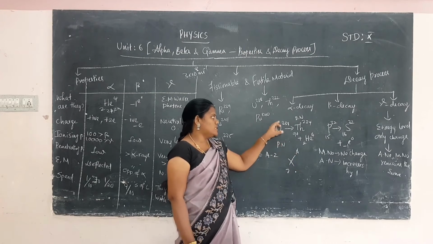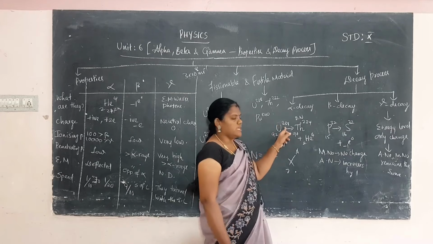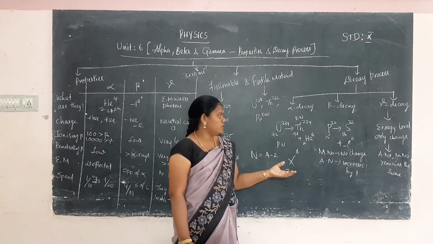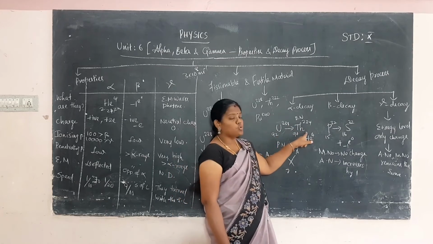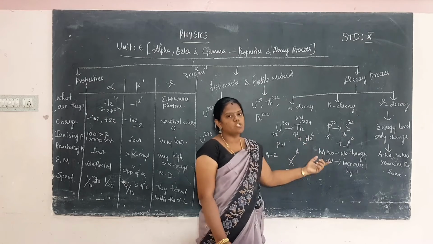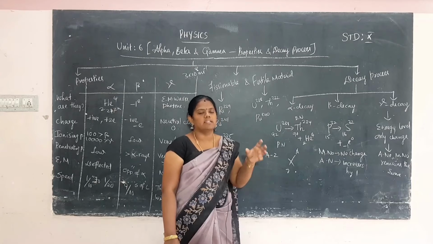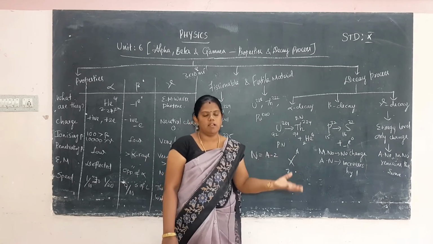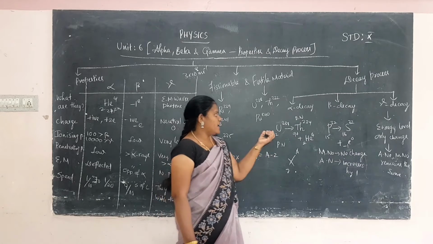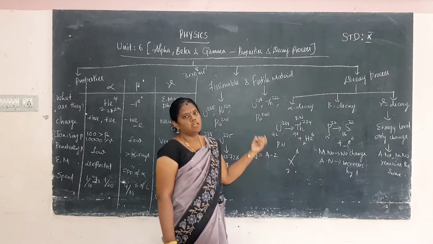Now in this alpha decay process, we take uranium 92 and 238, which undergoes a nuclear reaction. Uranium turns into thorium 90 and 234 plus one emitted alpha particle. So in alpha decay, the radioactive element emits helium to change into the daughter nucleus. The parent nucleus changes into the daughter nucleus with the emission of helium.